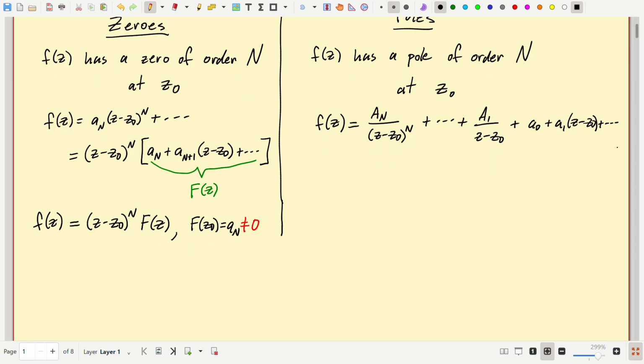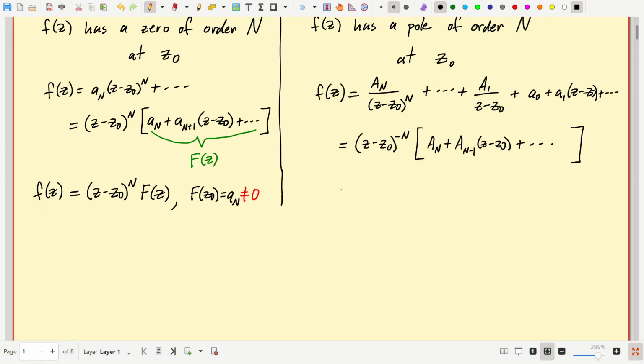And notice that if I factor out the 1 over z minus z0, I'll factor it out as z minus z0 to the minus n power. That would clear all those things in the denominator, and I'd be left with a regular power series, plus dot dot dot, that has a radius of convergence the same as the power series part of the Laurent expansion.